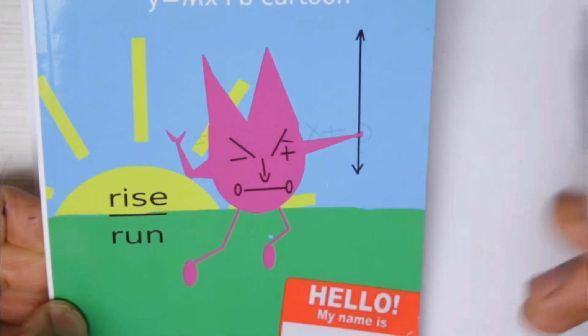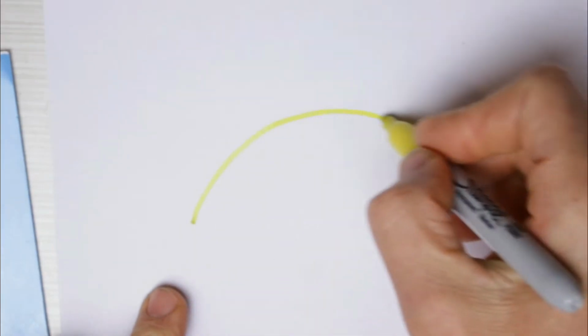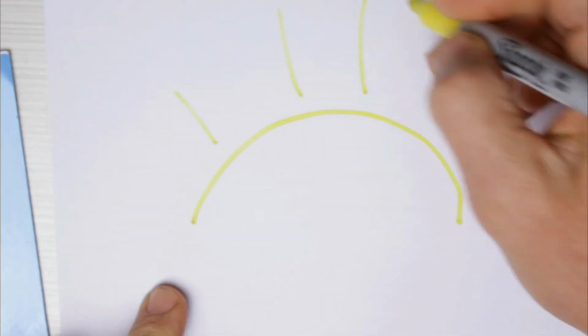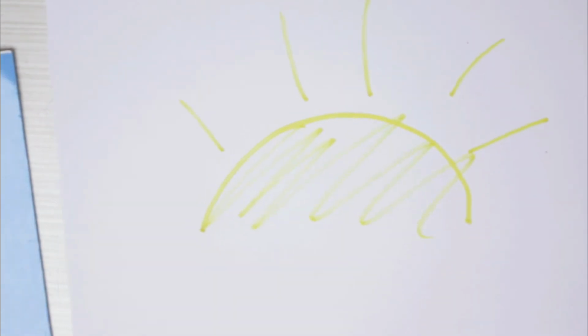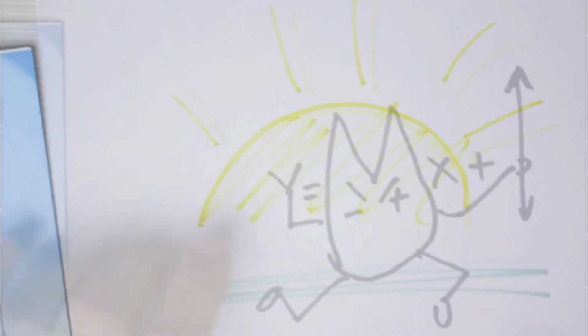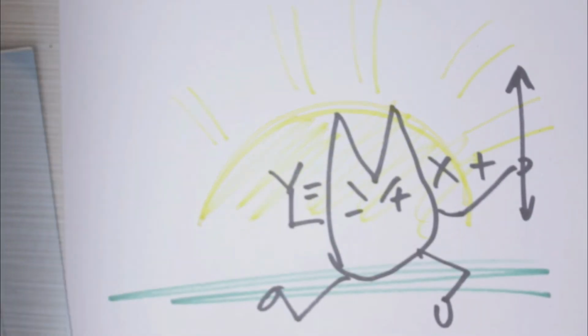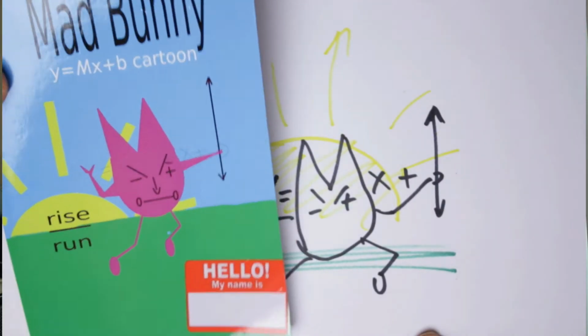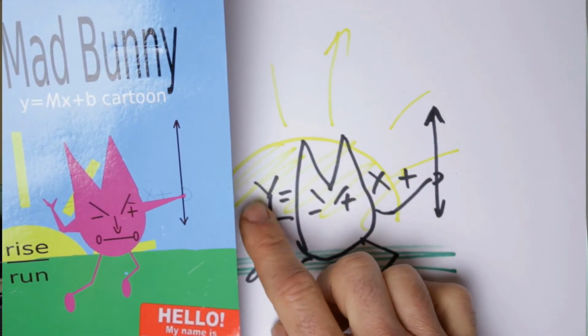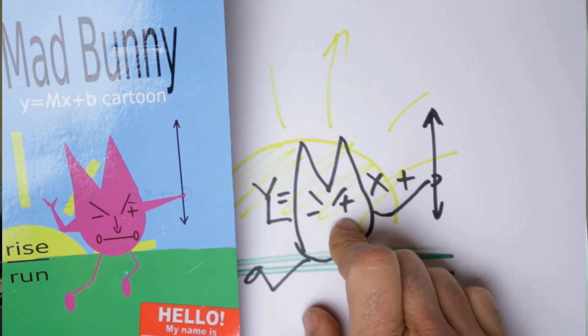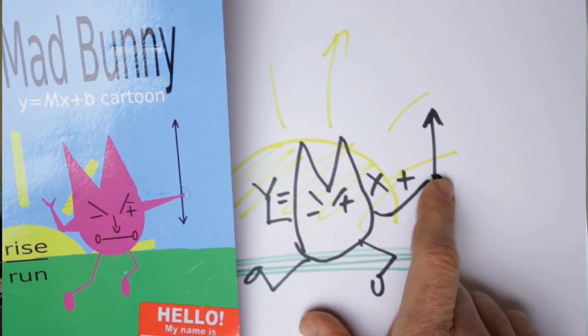So we got our sunrise for rise over run. Okay, and then the bunny's running. Y equals mx plus, and then here's the spear, b. Y equals mx plus b. Rise over run. The sun rising over the run. Y is a variable, equals, m is the slope, x plus b, where it crosses the y-axis.